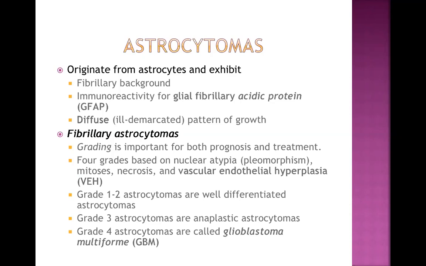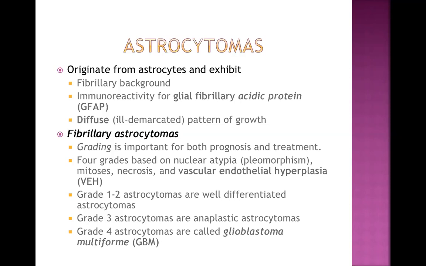Now, among the fibrillary astrocytomas, grading is very important because it is an important point in prognosis and treatment as well. So according to this, 4 grades are there, and these grades are based on nuclear atypia or pleomorphism. Pleomorphism means the appearance of the nuclei in between the cells.